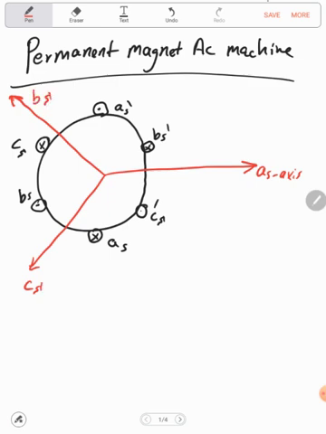So simply here the stator, so here we can write the stator has three phase windings. Let's assume it's Y connected.